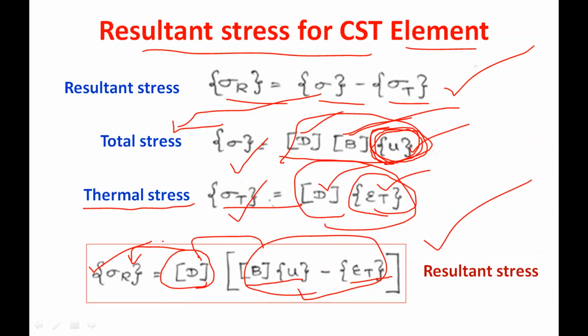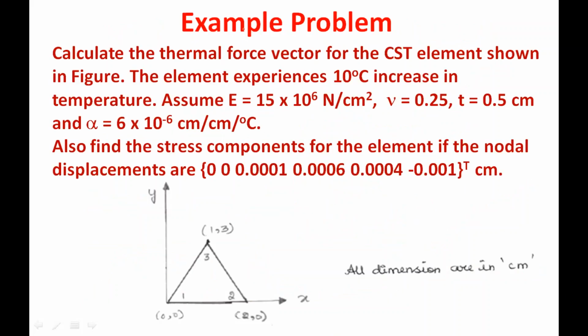Now through one simple example, I'll try to explain how to use these two expressions for solving a CST element problem. So this is the example problem we are considering. Calculate the thermal force vector for the CST element shown in figure. This is the CST element, XY axis. One side of the element is lying on the X axis. So one node is on the origin 0, 0.